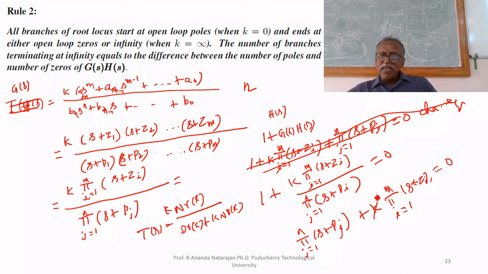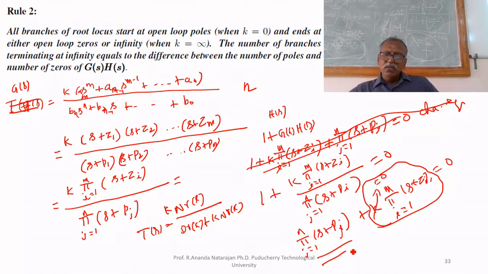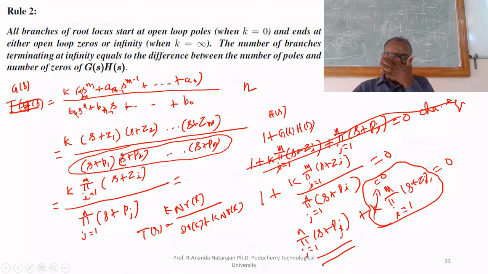If you put K equal to 0, this part becomes 0. When K equal to 0, the characteristic polynomial becomes this denominator part only. Therefore, root locus branches start at open loop poles when K equal to 0.